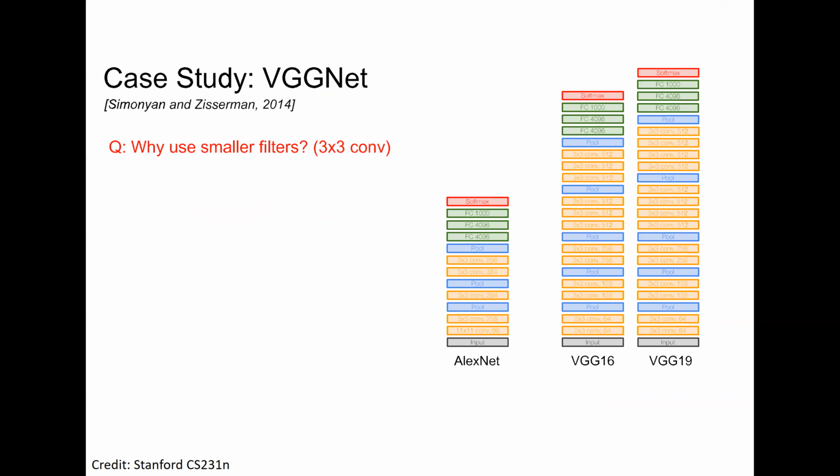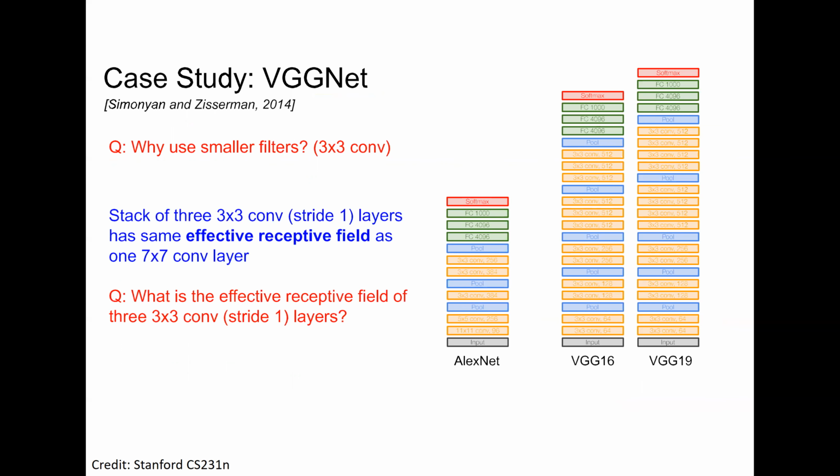And why do we need to use small filters like 3x3 convolution? A stack of 3x3 convolutions has the same effective receptive field as one 7x7 convolution layer. Can you calculate what is the effective receptive field of 3x3 convolution layers? Stop the video and think about it on your own, and let's check the answer later.